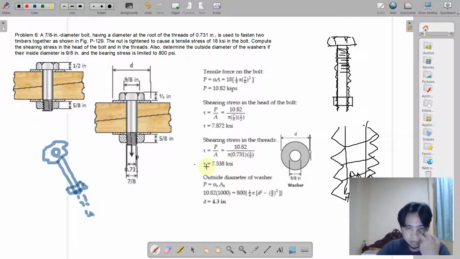Okay, so if we keep on tightening this bolt here, it will cause a downward force pulling down this bolt, and at the same time it is stretching the bolt. So what are the stresses now if that is the case?